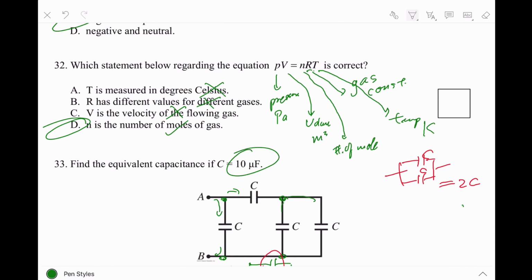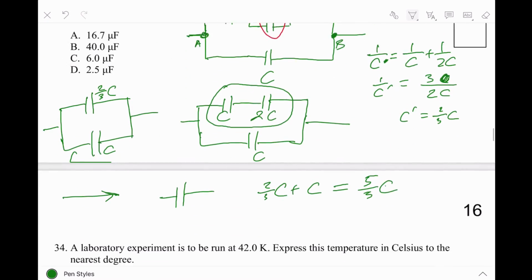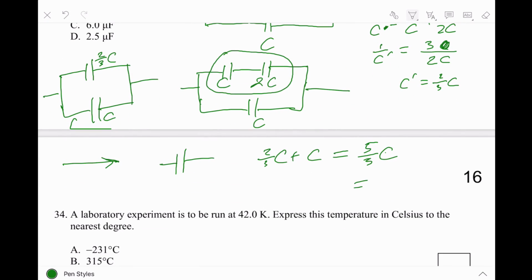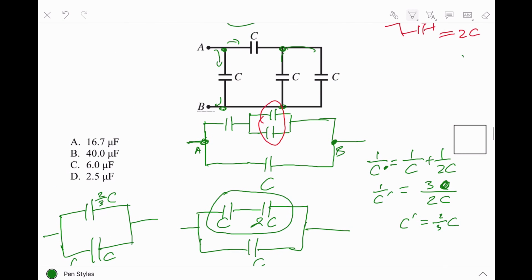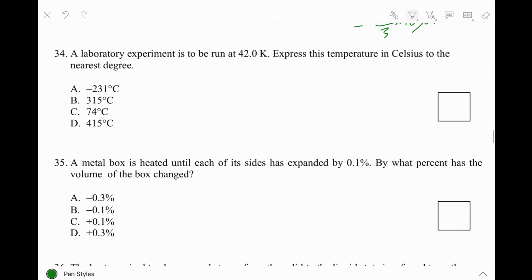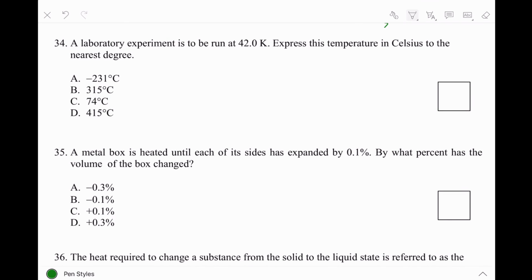C is 10 mil. So you got 5 over 3 times 10, so it's 50 over 3. You got 16.7, A, the answer. All right? Hope you follow.